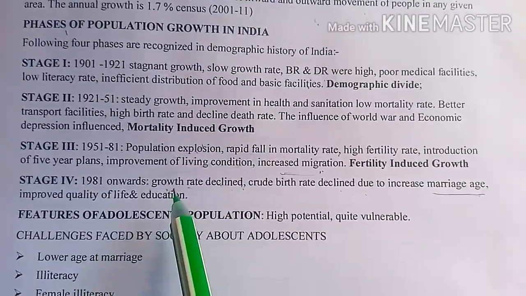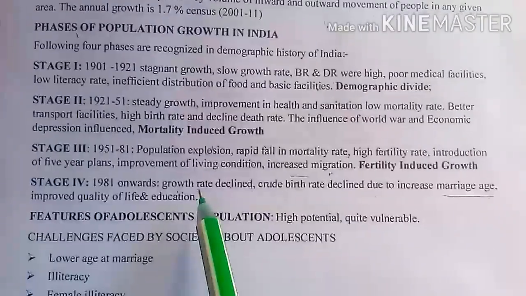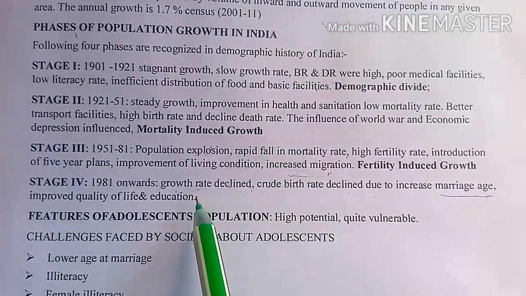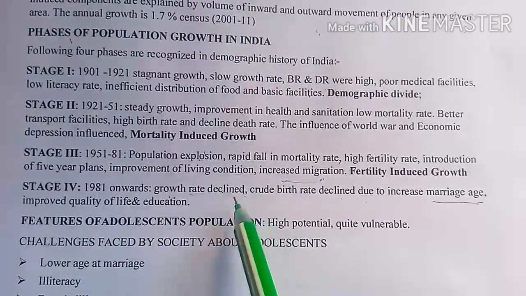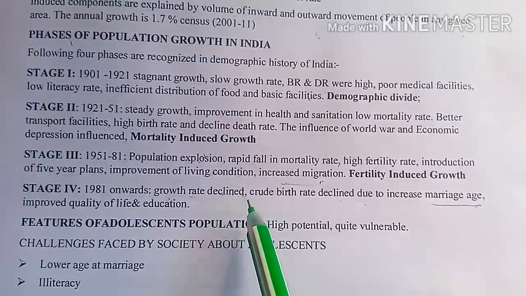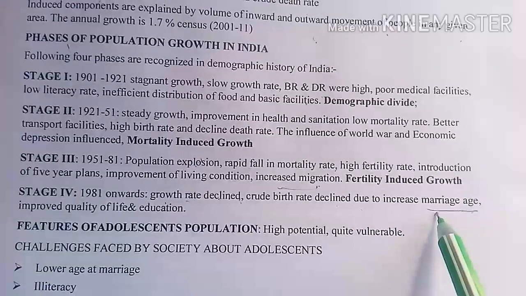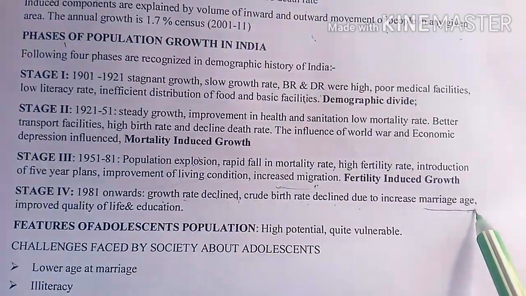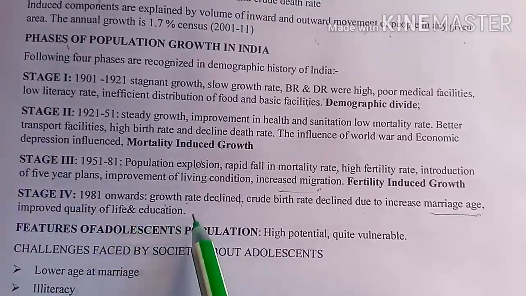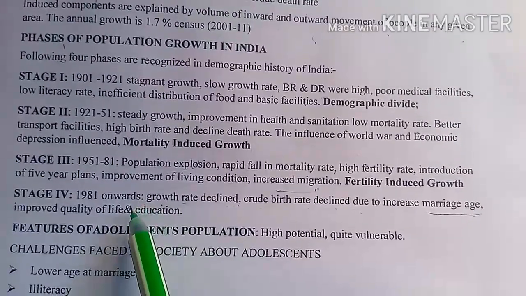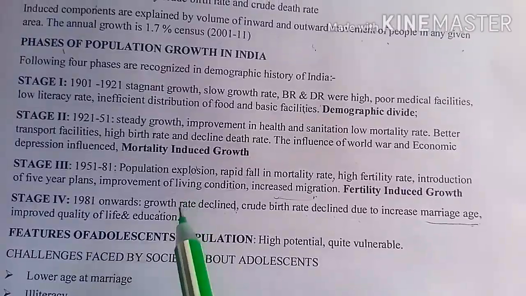They took lots of education, and the educated population thinks about their lives, their careers, their families, their growth. So for that reason they had late marriages. Marriage age, improved quality of life and education also decline the birth rate and the growth rate of the population.